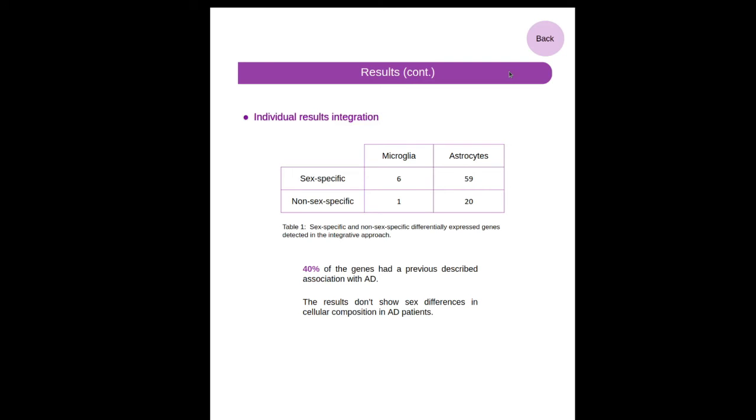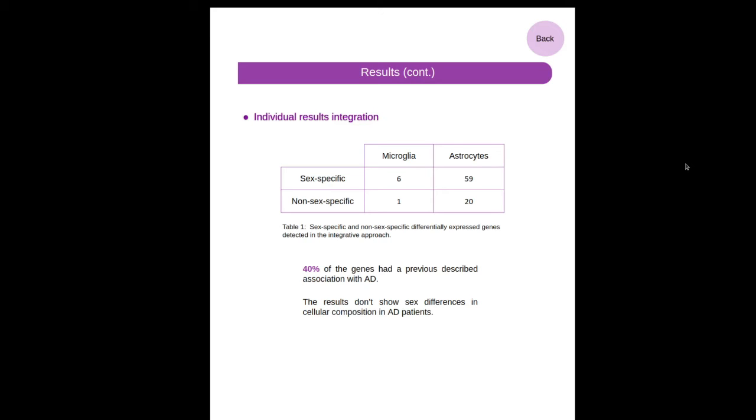After analyzing dataset individually, we integrate all the results. In this table, we can see the result of the integrative analysis. We detected 6 sex-specific differentially expressed genes in microglia and 59 in astrocytes. Also, we detected 1 non-sex specific differentially expressed gene in microglia and 20 in astrocytes.